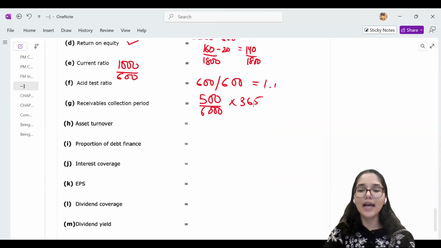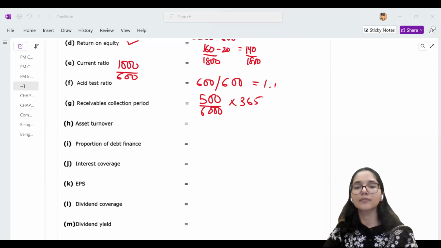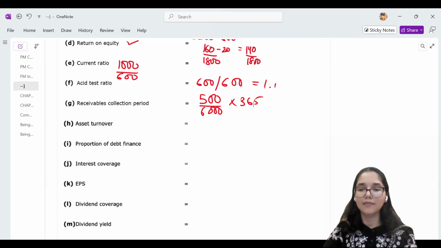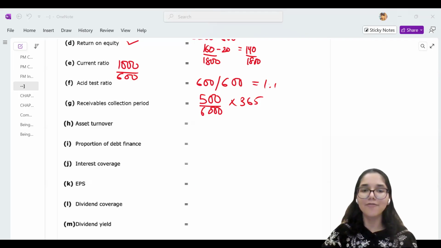Then you are supposed to calculate the asset turnover. What is the asset turnover formula? Asset turnover formula is sales upon capital employed. So we have just calculated capital employed above.